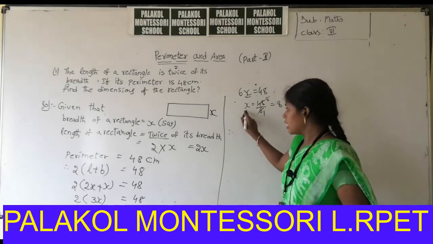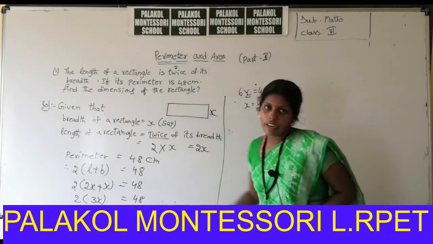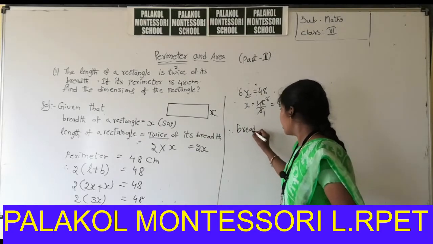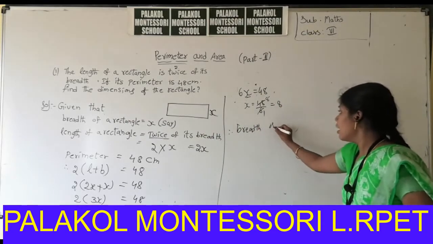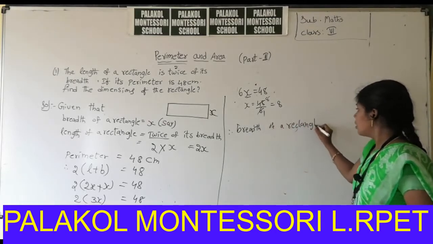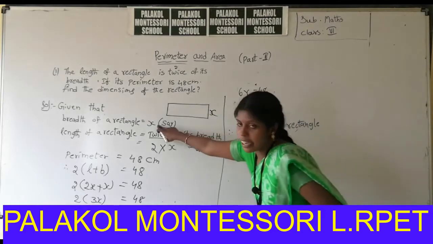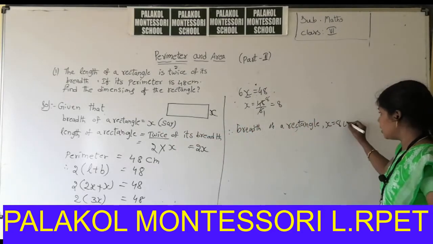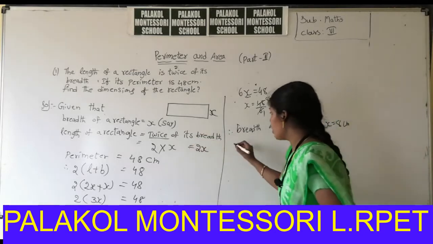Therefore x is nothing but the breadth of the rectangle. So the breadth of a rectangle is equal to x, that is nothing but 8 centimeters. Next, the length of the rectangle.